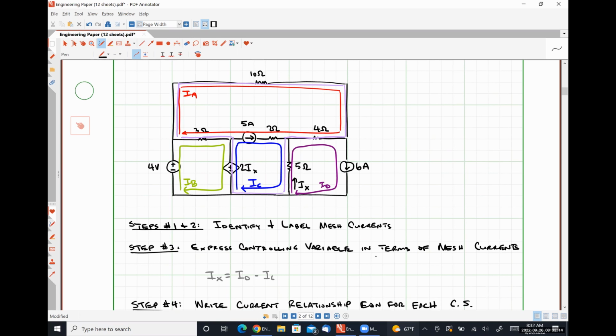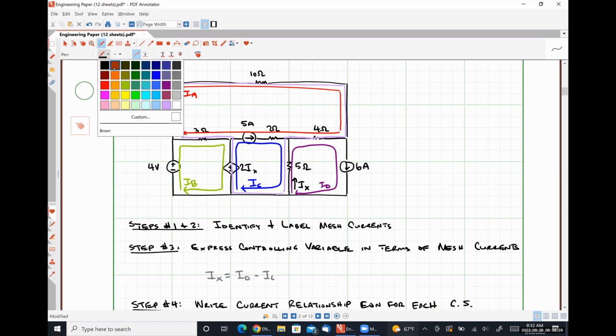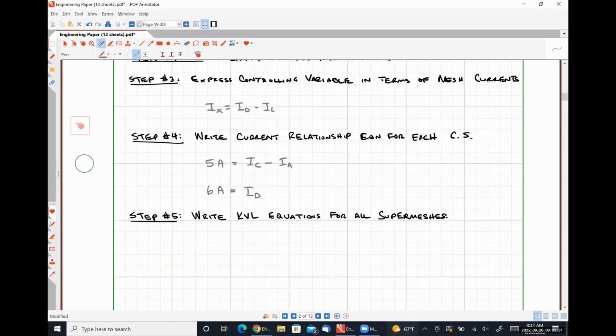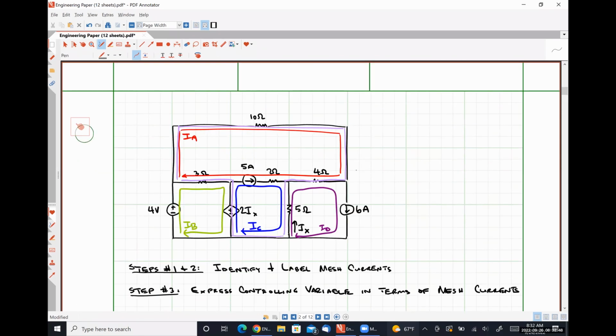Okay. So starting from the bottom left-hand corner of mesh A, the first thing we see is the 10 ohm resistor. So we're going to have 10 ohms times IA. And this is super mesh A. What's the next thing we see?